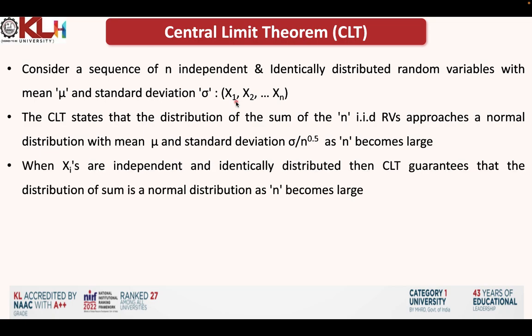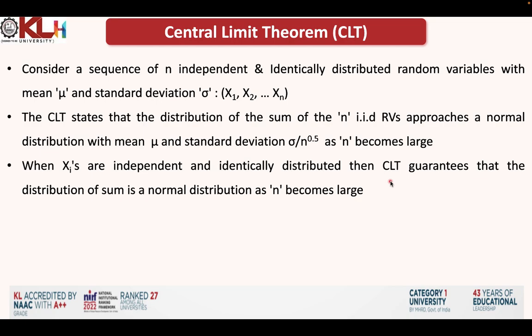What it means is that if you have n independent and, let's say, identically distributed random variables and you add them all up, then the resulting random variable will have a normal distribution when n is large. And the CLT guarantees that. The proof shows that the sum of these random variables is indeed a normal random variable.